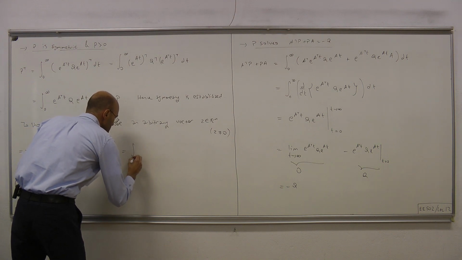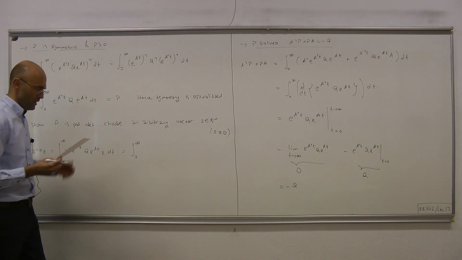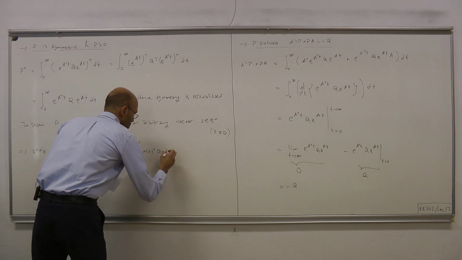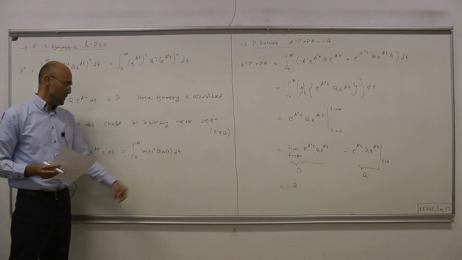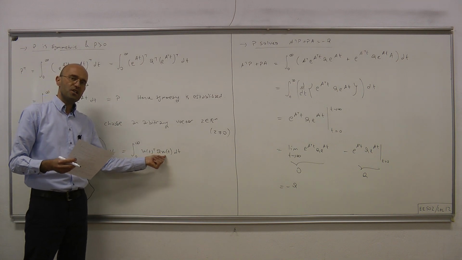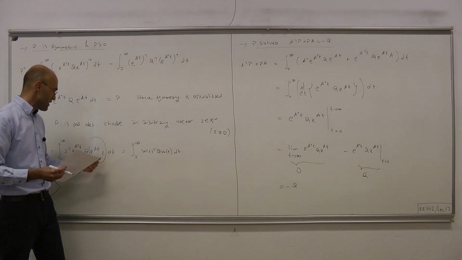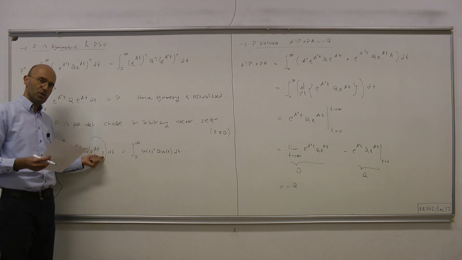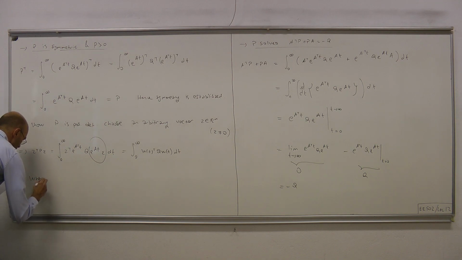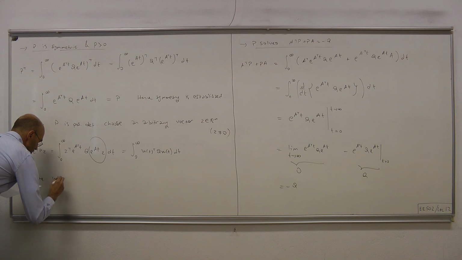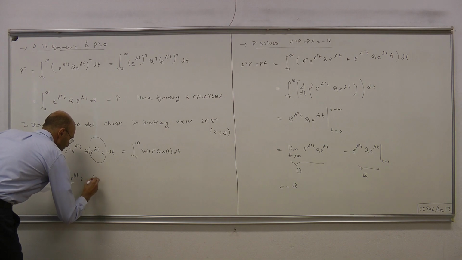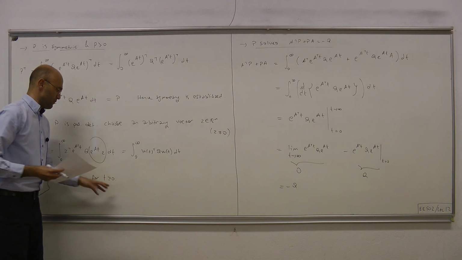And let's write that using a new notation: w(t) transpose Q w(t) dt, where w(t) is this thing here, e to the At times z. In other words, w(t) is the solution of our system x dot equals Ax, starting from the non-zero initial condition z, where w(t) represents e to the At times z for future times.